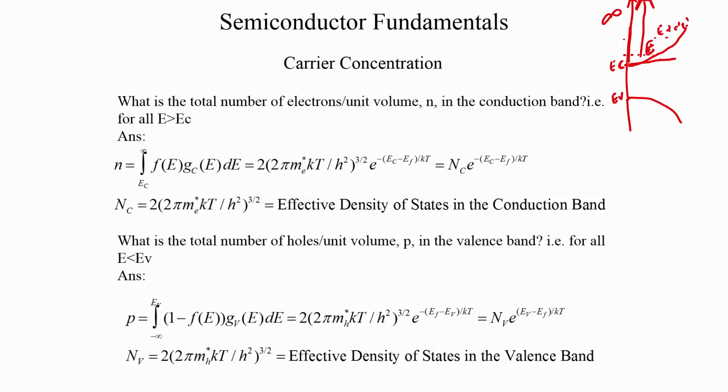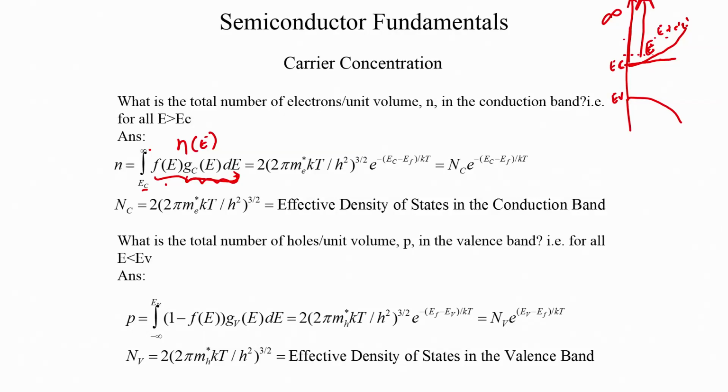So, how do I collect or count all the electrons above the conduction band edge? It is straightforward. It is going to be the answer we have obtained in the previous example, which is n of E, but summed over all the different energy levels. So, this is n of E and I am going to take a summation, which is basically an integral from EC till infinity of f of E into the number of states between E and E plus dE.